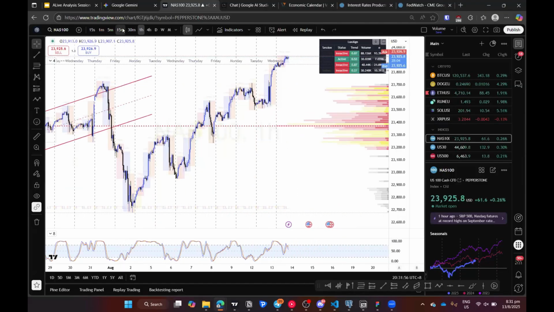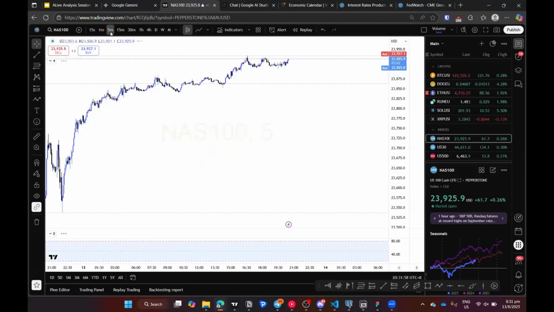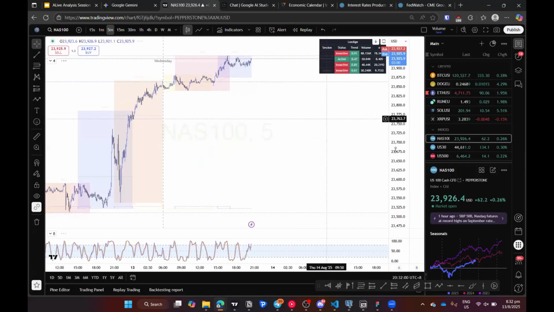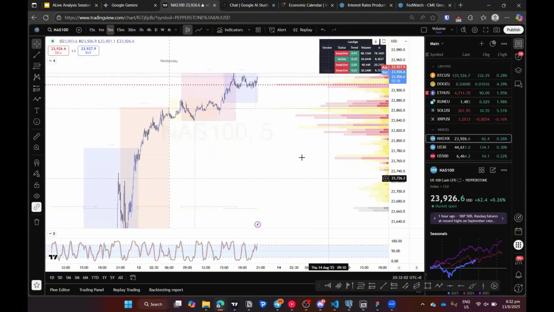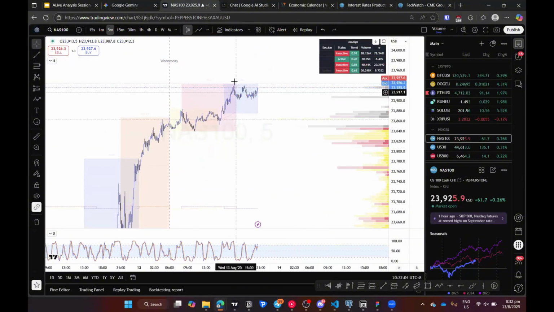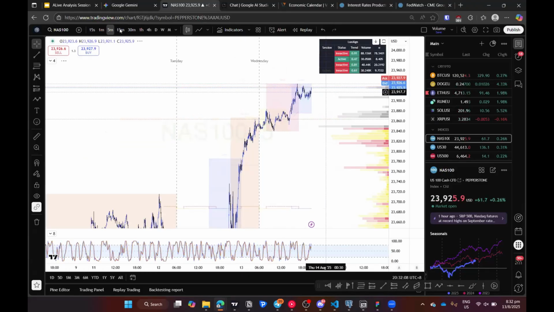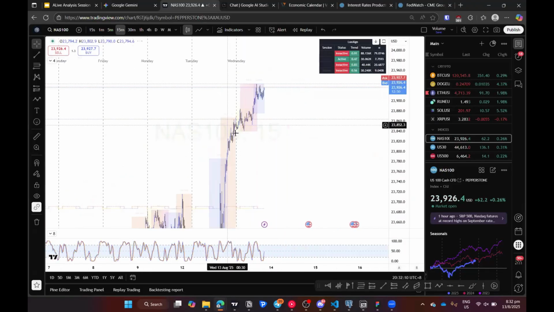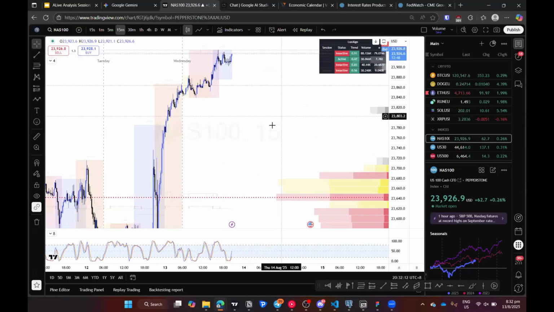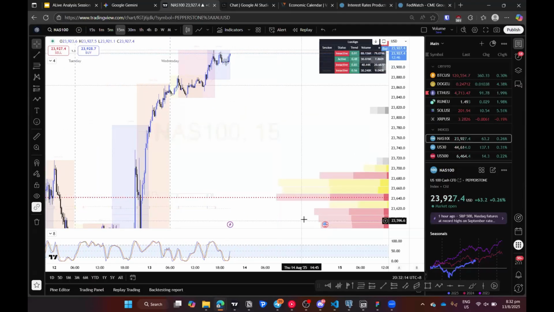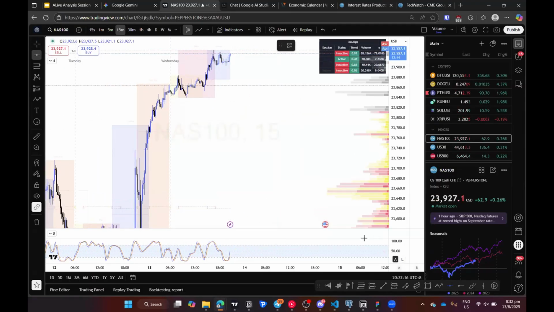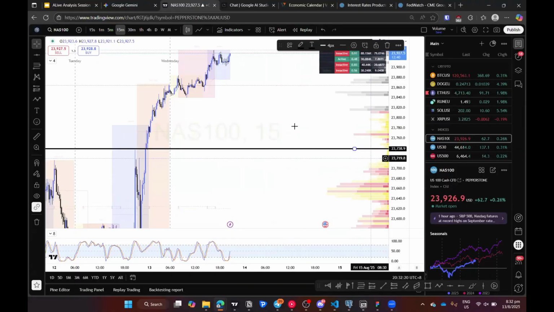Okay, so where will we be looking? We want to see if this sweeps the London high. If it sweeps the London high, the high probability buy will be somewhere around here, 2370.